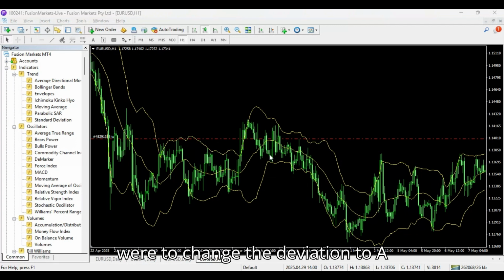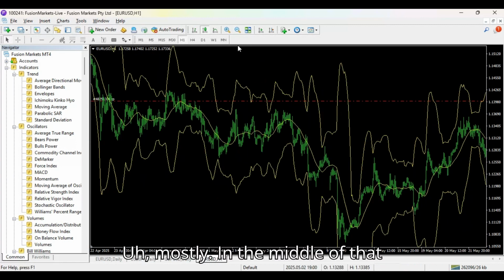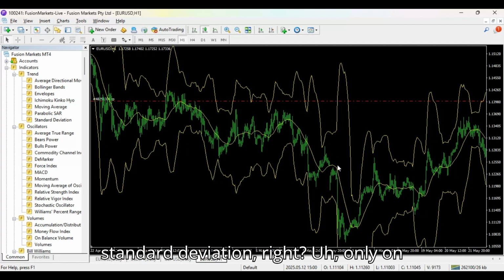If we were to change the deviation to a 5, you can see how much, five standard deviations away from the average, right? So it's actually a lot larger, and the price tends to be mostly in the middle of that standard deviation, right?